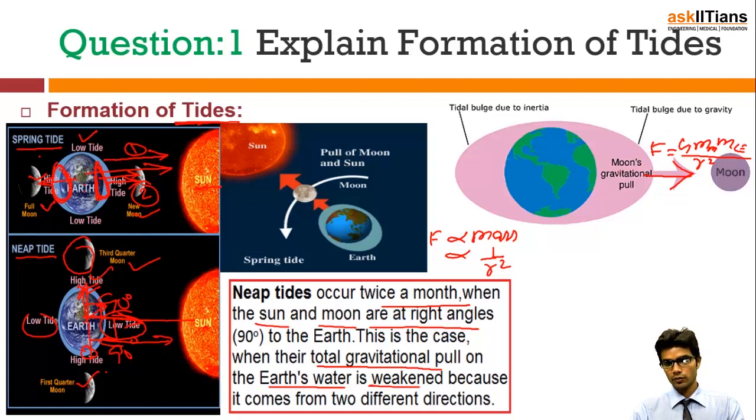And since the earth is also rotating on its own axis, if the moon pulls this part of the earth, tides form due to gravity, and since the earth is also rotating on its own axis, due to inertia this part also forms a tide. So this is the explanation of the formation of tides.